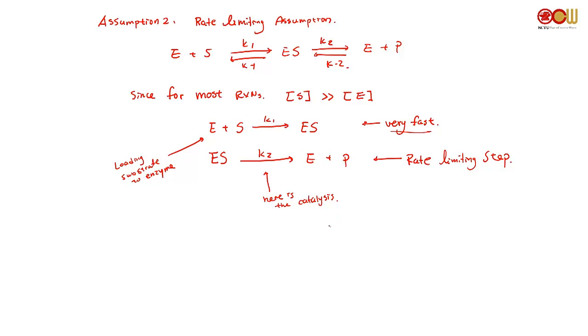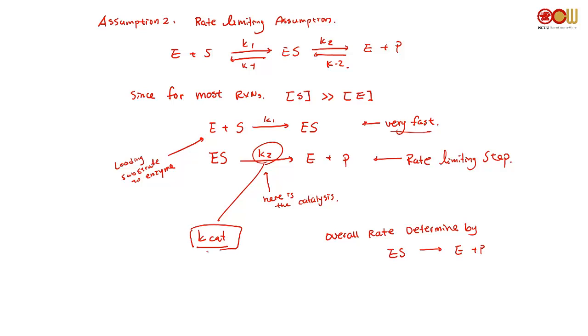The conclusion here is that the overall rate is determined by ES to E + P. And then k2, we give it a new name called kcat, the catalytic rate constant.